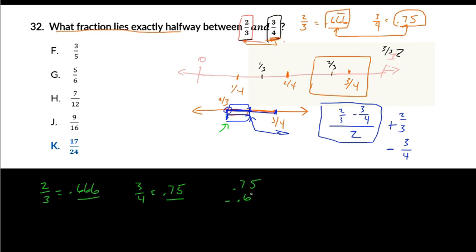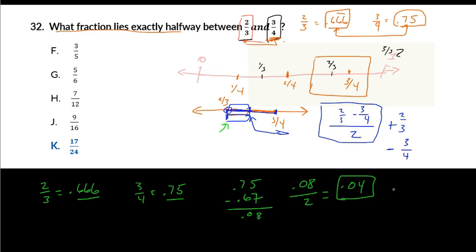We'll turn it into a 7, for rough estimation. So 75 minus 67 would be 0.08, half of 0.08. So 0.08 divided by 2 equals 0.04. So that is the length of 1/2 of the delta.